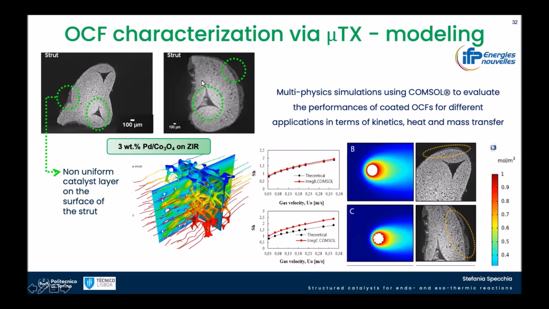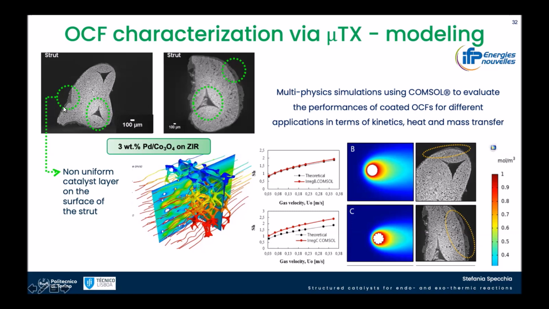And because of the very tortuous pathway of the foams, we noticed that in reality the thickness of the catalyst is not as uniform as for the monolith, because there are some areas where you can see here we have a thicker layer compared to others where the thickness is much lower.